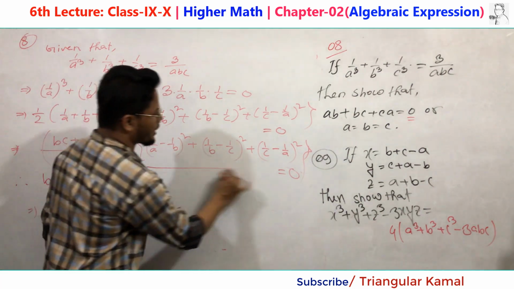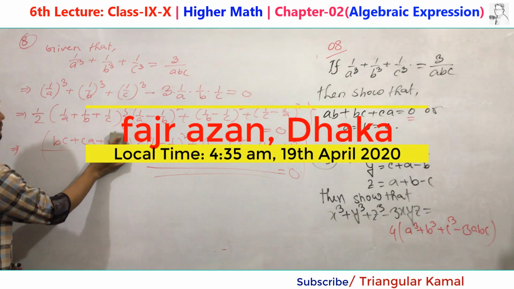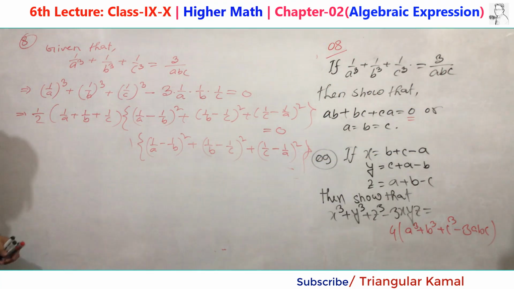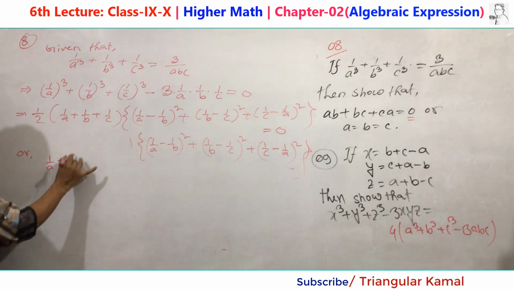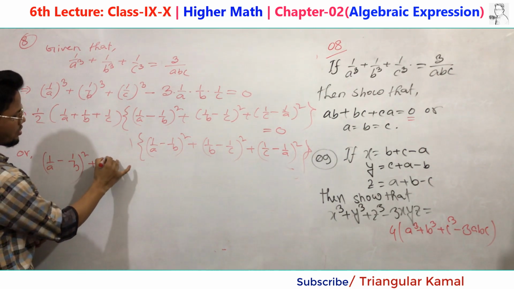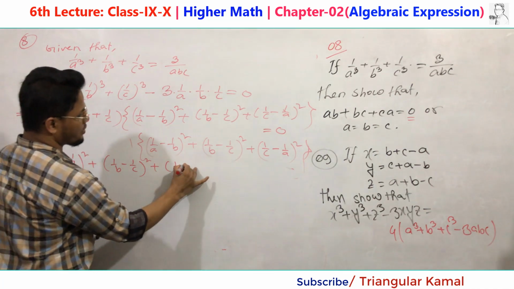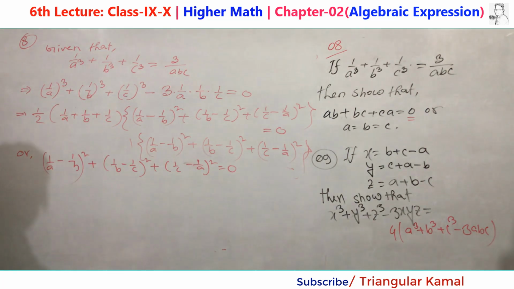Okay, now start from the second factor. Square equals to 0.